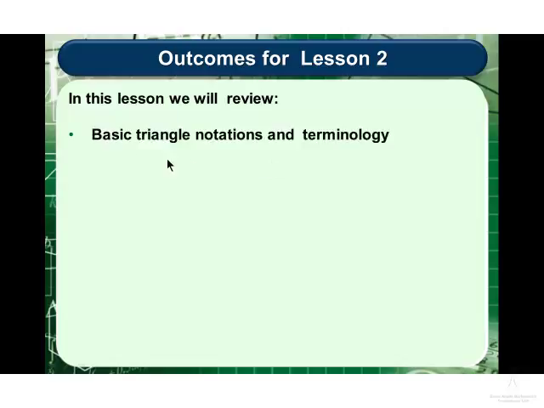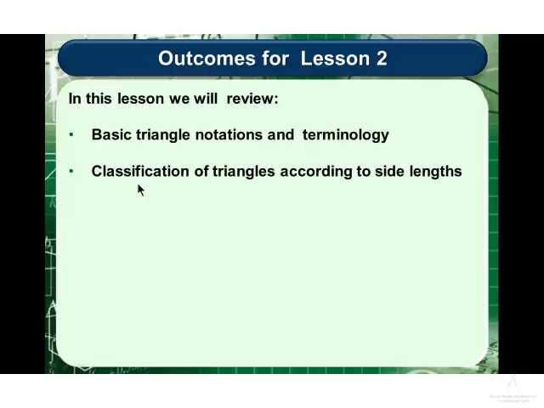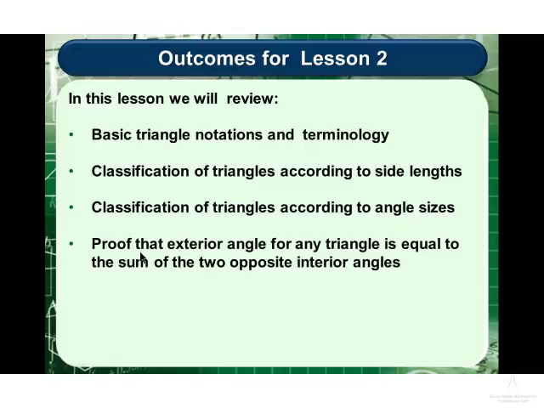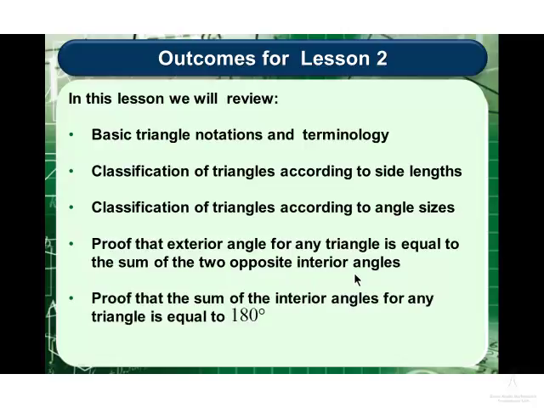Let us consider the outcomes for lesson 2. In this lesson, we will review basic triangle notations and terminology, the classification of triangles according to side lengths, the classification of triangles according to angle sizes, the proof that the exterior angle of any triangle is equal to the sum of the two opposite interior angles, the proof that the sum of the interior angles for any triangle is equal to 180 degrees.